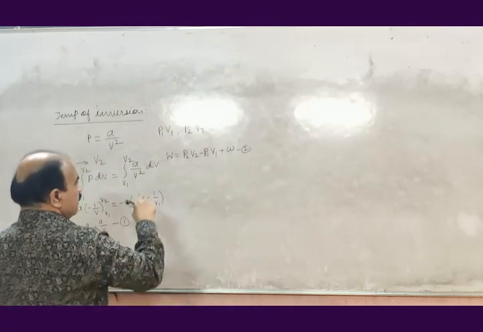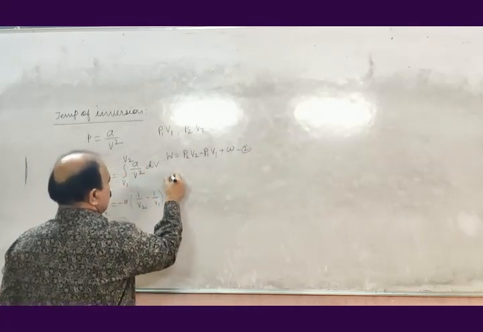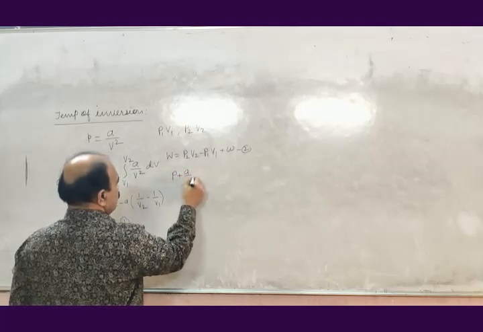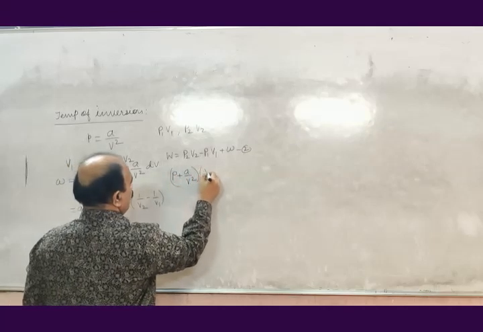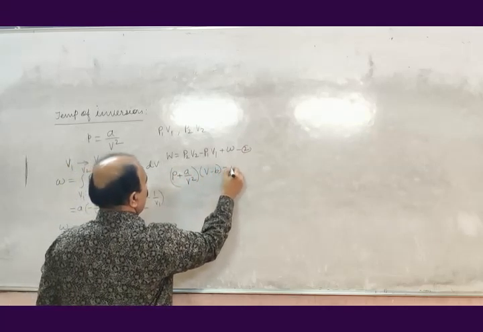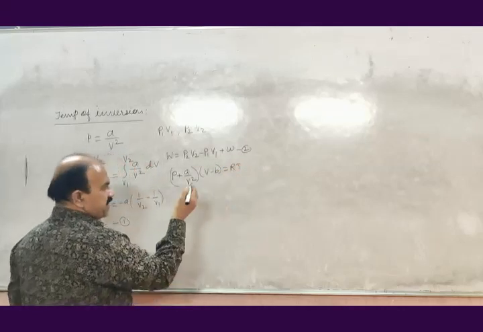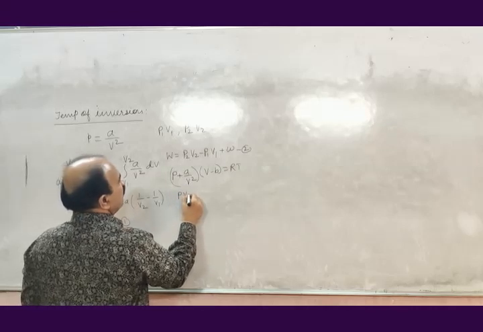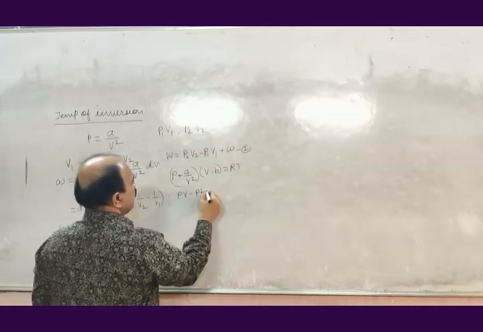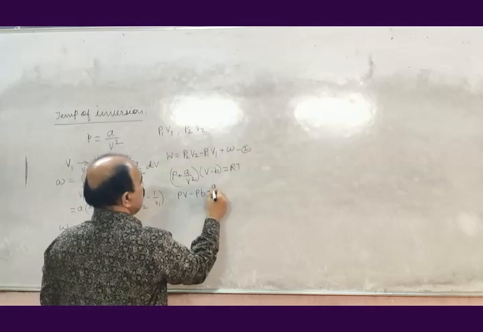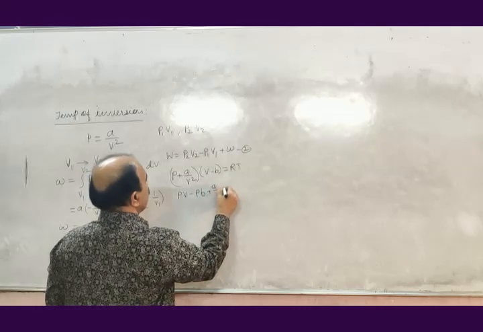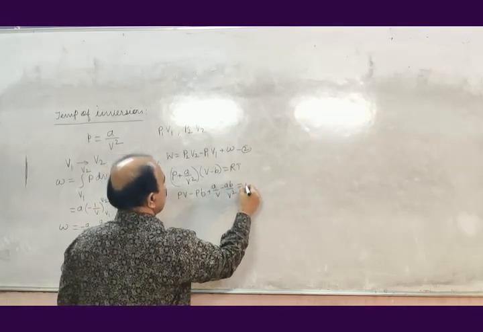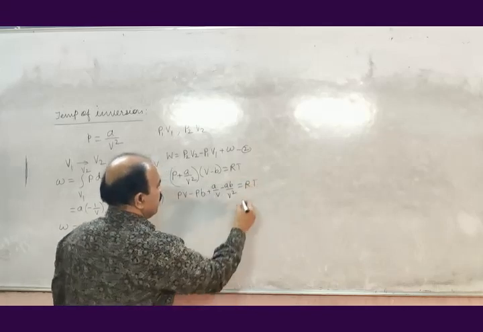Now how to get this value of P2 V2? You know the van der Waals equation. Let us simplify this van der Waals equation. PV minus PB plus A by V minus AB by V square is equal to RT.